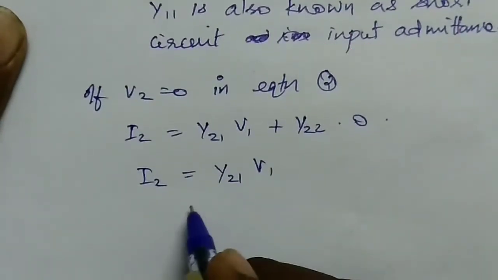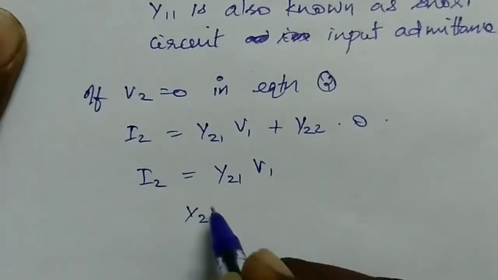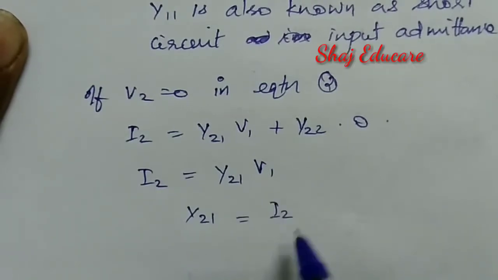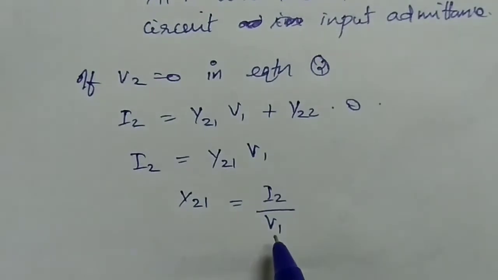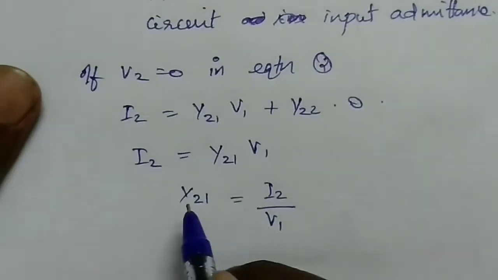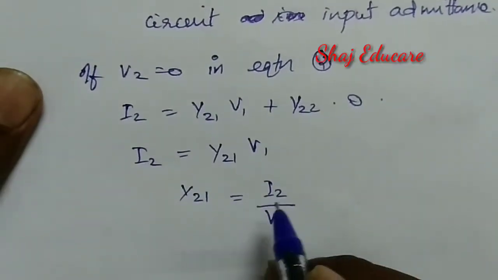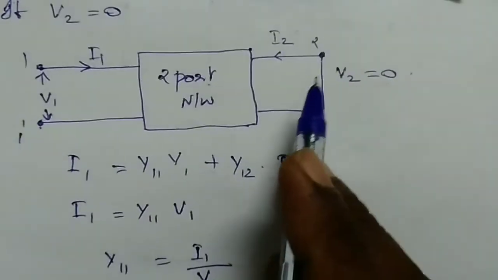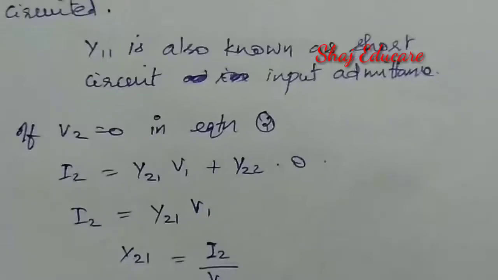From this expression we can find the expression for y21, that is equal to I2 by V1. So we can say that this current I2 belongs to the output port 2 dash, whereas the voltage V1 belongs to the input port 1 dash.